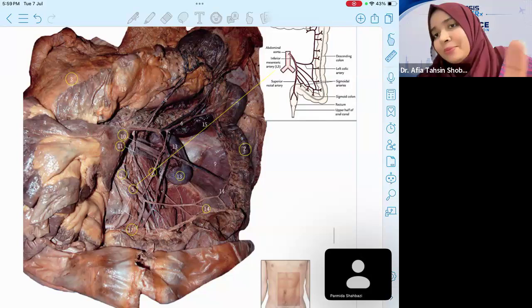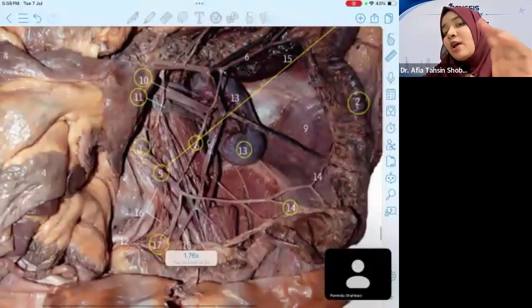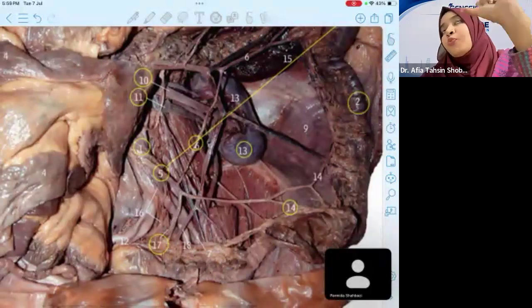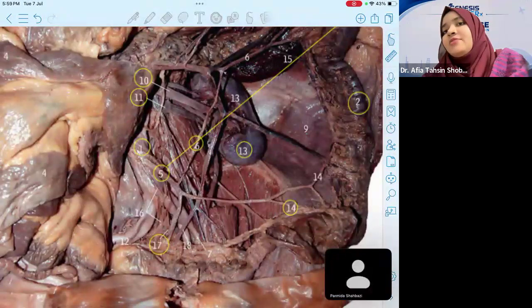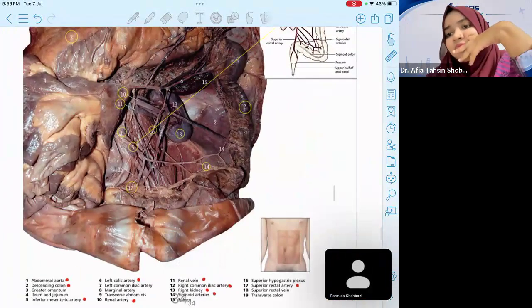But here you have to identify the most prominent structure from a cadaveric image. First of all, you have to search for where the abdominal aorta is. And this is the abdominal aorta, and this is the inferior mesenteric artery.